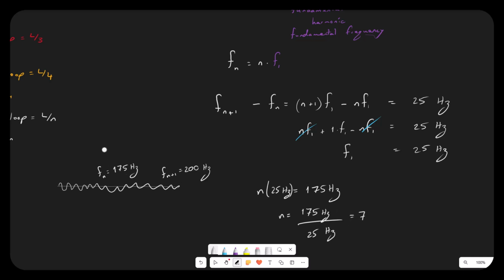I was looking at my 7th harmonic here. I drew a whole lot more than 7 loops, but it was to illustrate a point. I don't have to know what harmonic I'm looking at to be able to figure out the fundamental. Once I've got the fundamental, I can really figure out most anything.